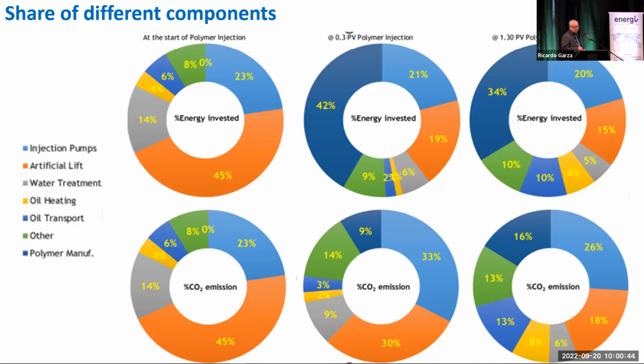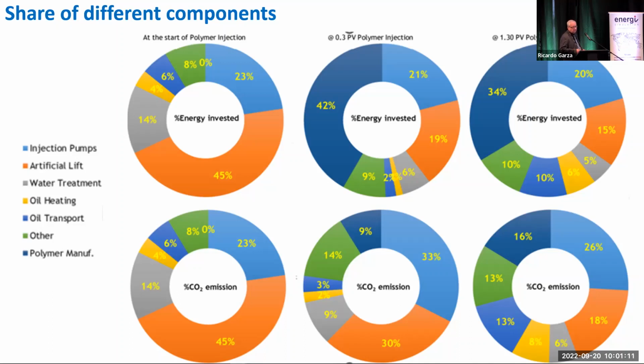Here's just for a polymer flood, at the start of the polymer flood, at 0.3 pore volume of polymer, and then at 1.3 towards the end. We're looking at first at energy invested, and we see that the main part here is artificial lift in this case, and that diminishes over time.